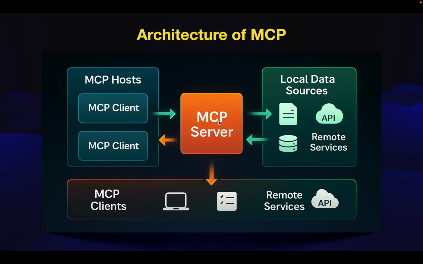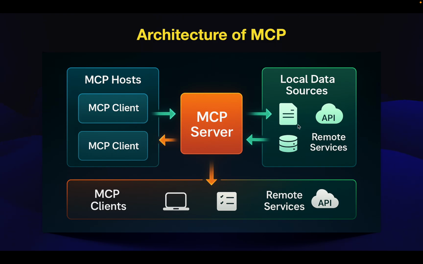In the center we see the MCP server, the brain of the operation. The MCP server manages the full conversation. It listens to requests from the MCP client, fetches the right data or tools, and sends back the response to the MCP client. It's like a super organized receptionist, taking a request, fetching what's needed and returning the right answer.